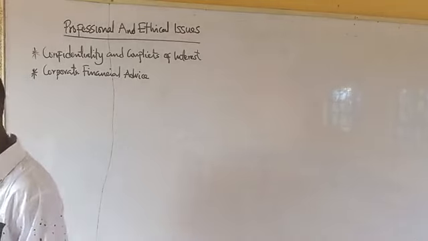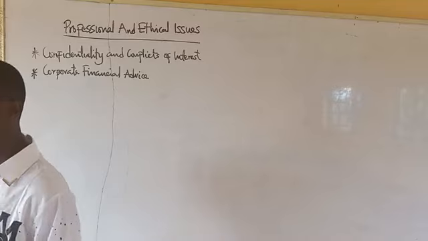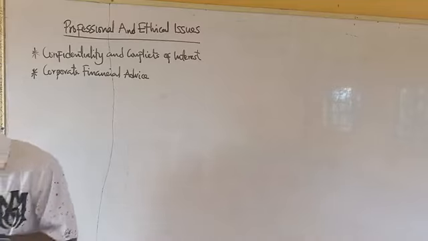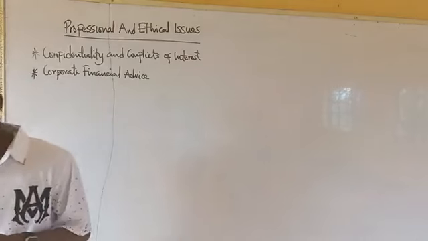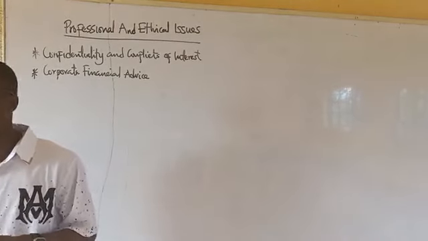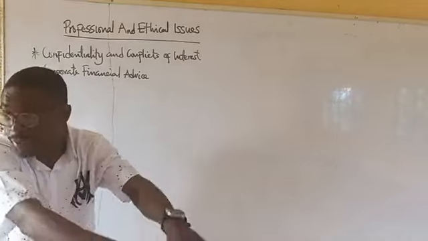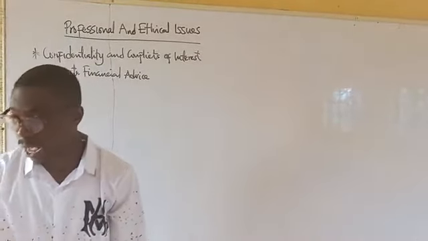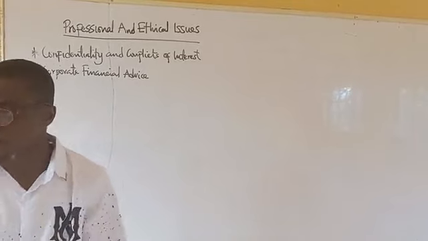Now let's give instances where it is required by law. Are we together? The first one is clear: permitted by law and requires the approval of the client. That will be by consent of the client for him to disclose that information.